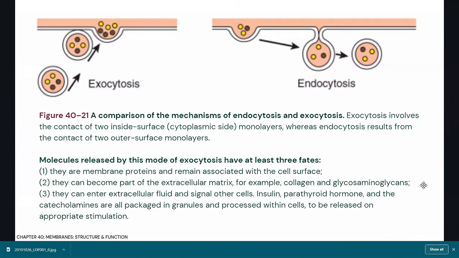Now this is endocytosis. Membranes here, the same membrane. And this pinches off, and this forms now. Of course, this will open up where it is utilized, the molecules inside.